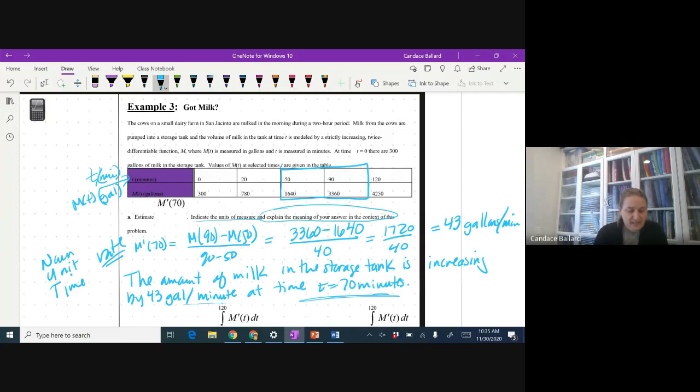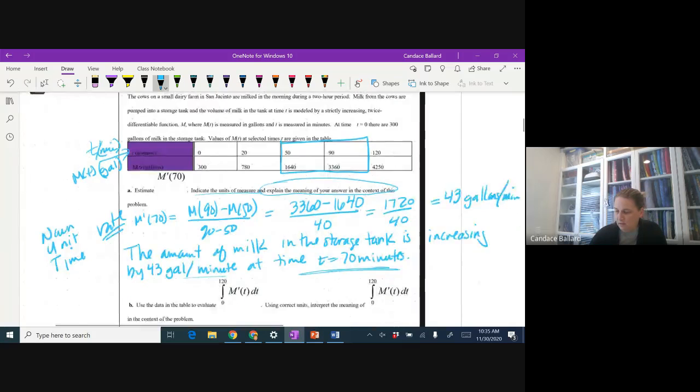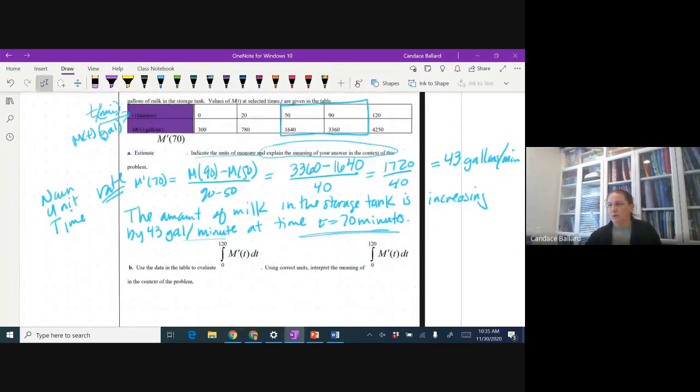All right, let's take a look at part B. I'll give you a few seconds to catch that up. And we'll look at part B. All right, so we are supposed to use the data in the table to evaluate the integral from 0 to 120 of m prime of t.